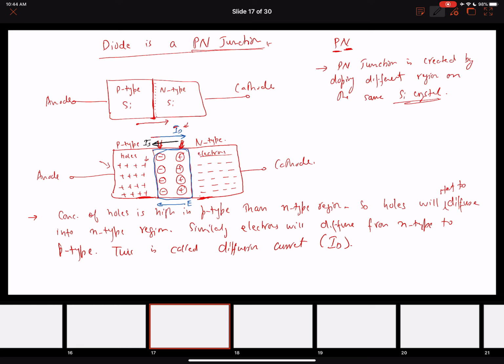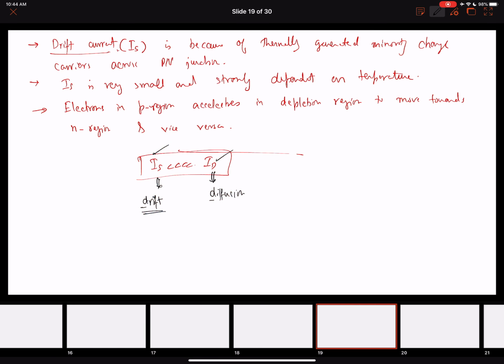Another most important thing to remember is that this drift current is very, very small compared to the diffusion current. And importantly, it is strongly dependent on temperature, because thermally generated minority charge carriers are dependent on temperature. Okay.